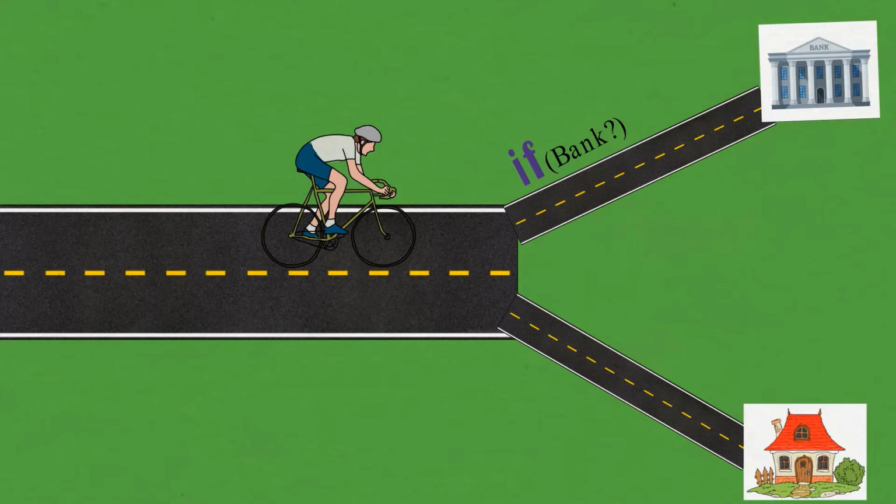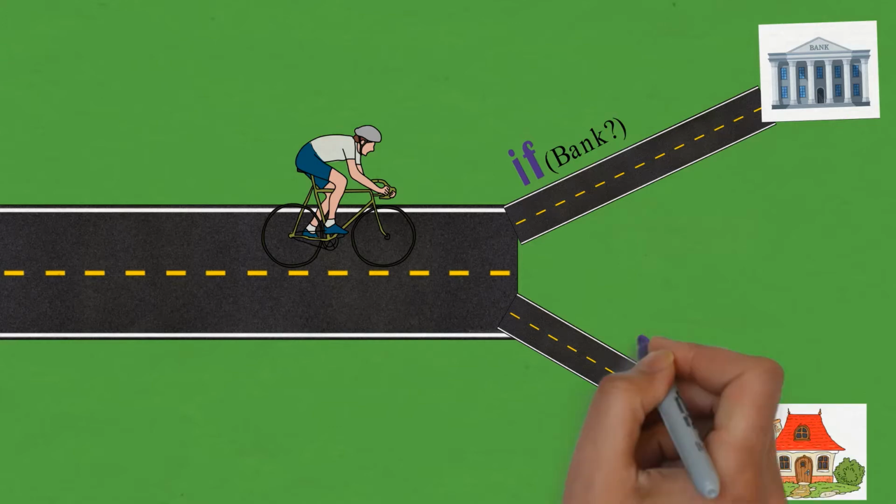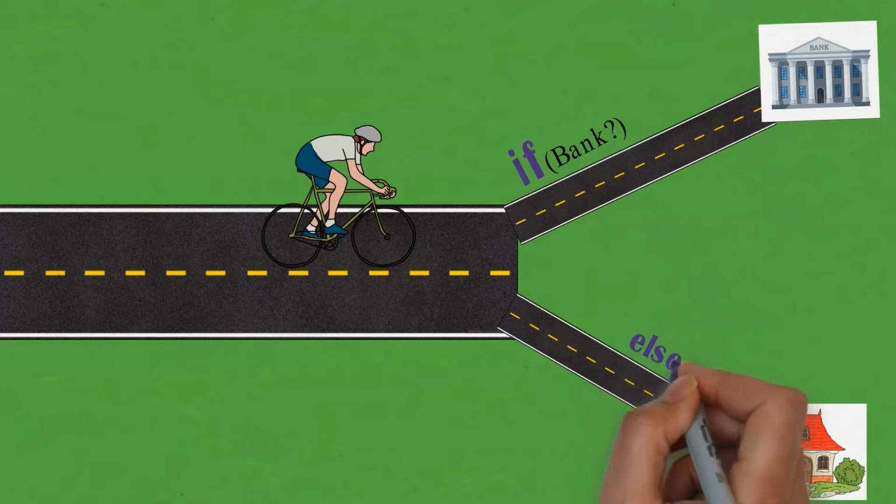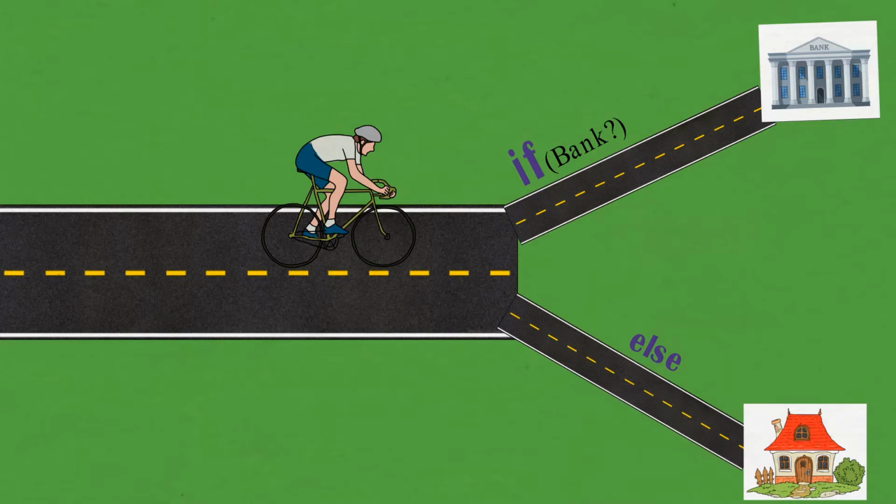And on the other hand, if he doesn't have any work in the bank, else, we had said that he will prefer to go to his friend's house. So that came under else.